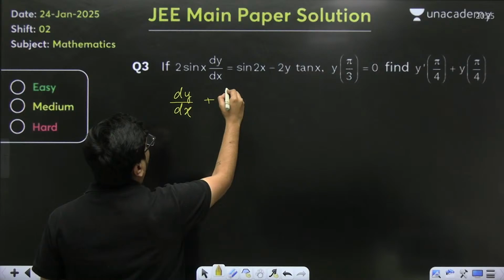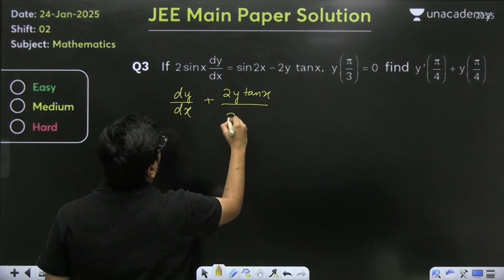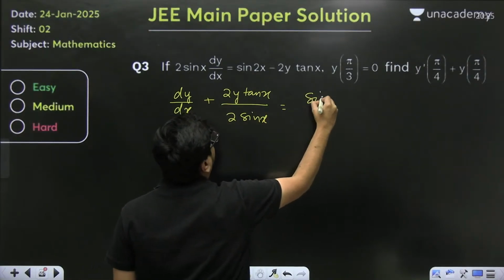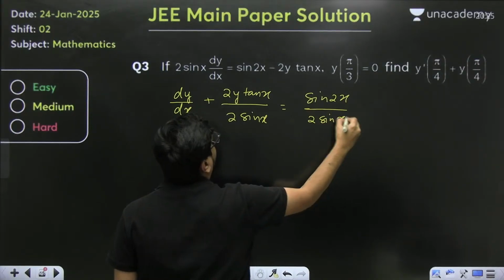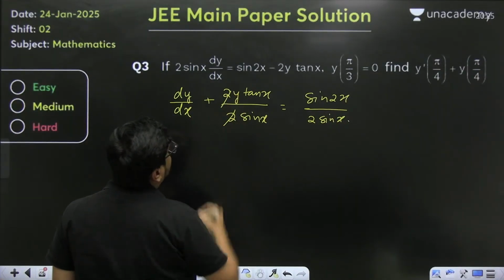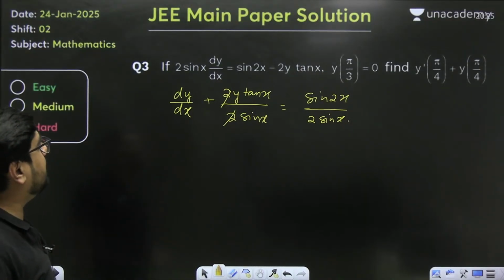plus 2y tan x divided by 2 sin x is equal to sin 2x divided by 2 sin x. Okay, no problem. So what will this become? 2 gets cancelled. Sin x by cos x upon sin x, so this will become sec x.